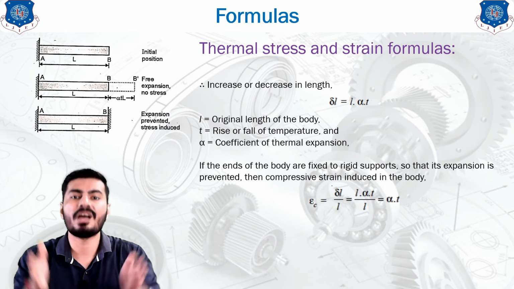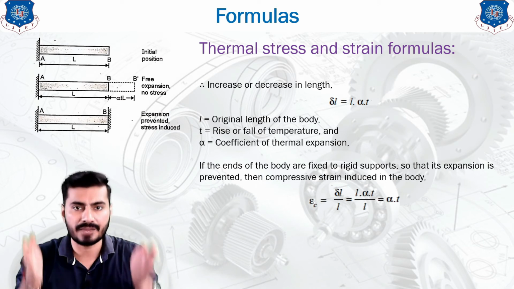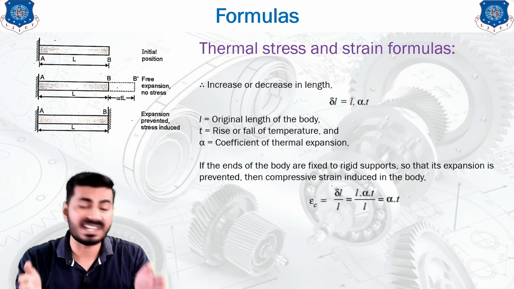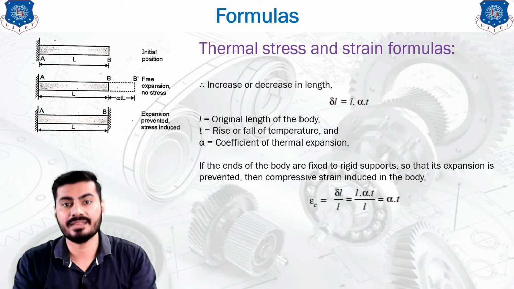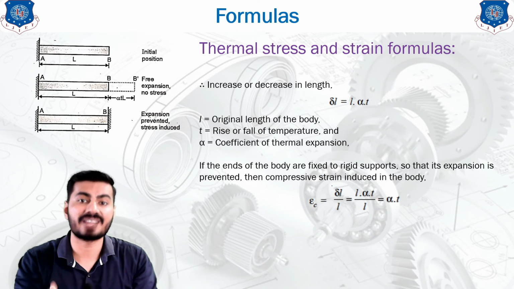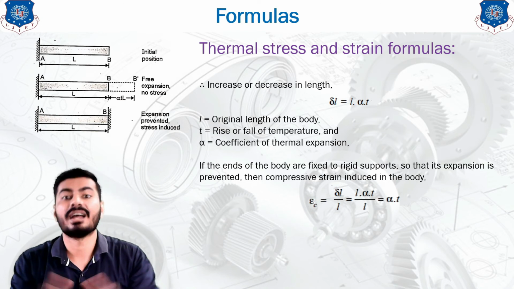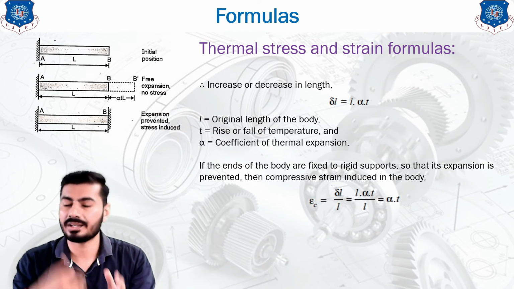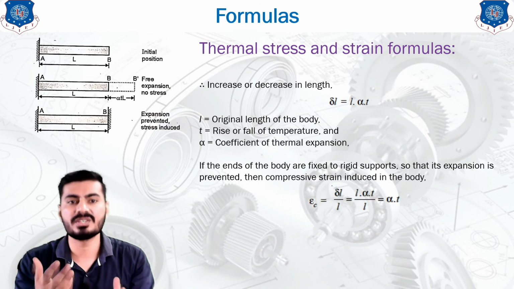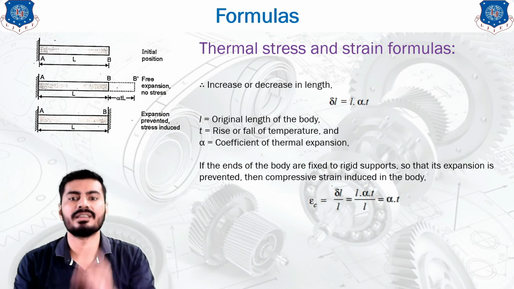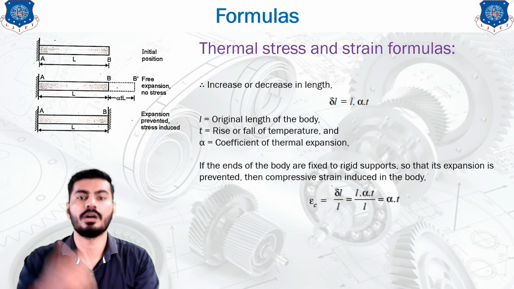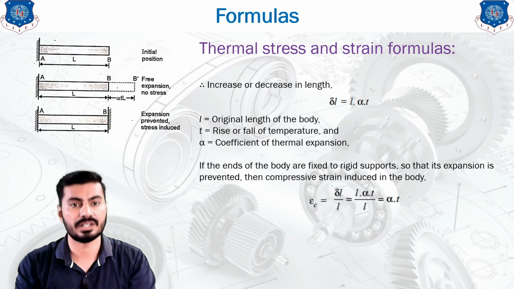But you have prevented the free contraction of the member. Then the member will resist that prevention, and a tensile strain will be generated in the member, and the nature will be different from the one that we have written here.